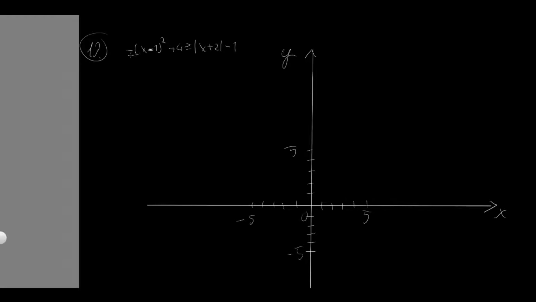So it's negative (x minus 1) squared plus 4. So it means that this is going to be a parabolic graph with some changes in it. It is shifted up on the y-axis by 4.